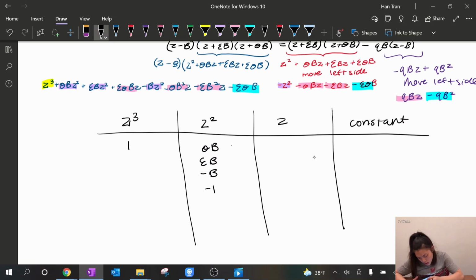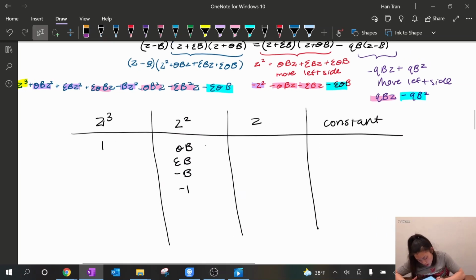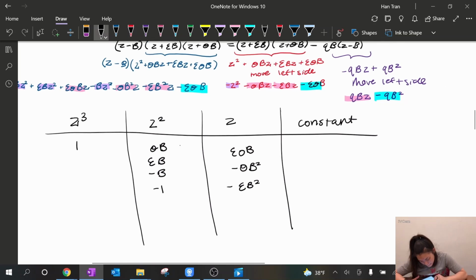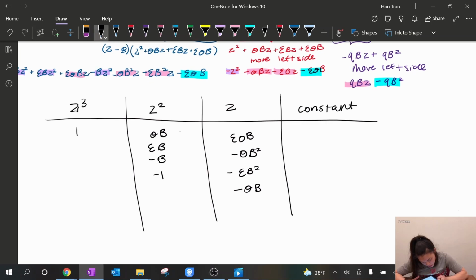Then for the compressibility factor z terms, we have epsilon sigma beta, negative sigma beta squared, negative epsilon beta squared, negative sigma beta, negative epsilon beta, and then q beta.